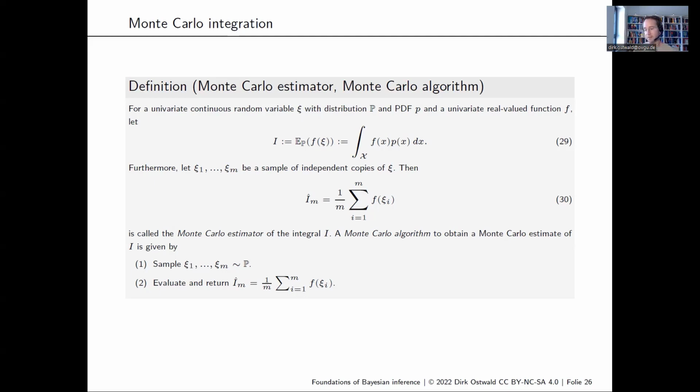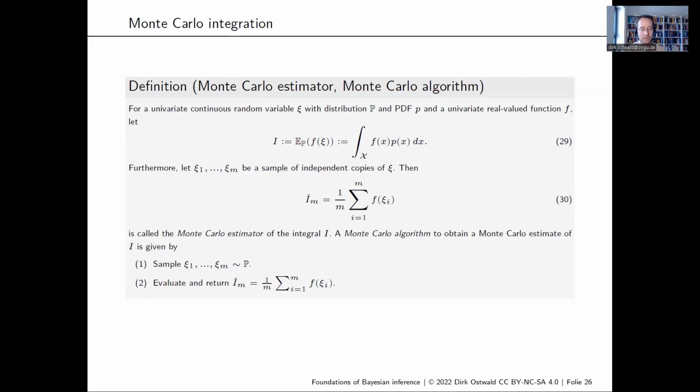And then if we have this expected value, then we can, of course, approximate this expected value by a sample mean if we get realizations from the random variable that this expected value is with respect to. So that's the idea of Monte Carlo integration, Monte Carlo estimation.